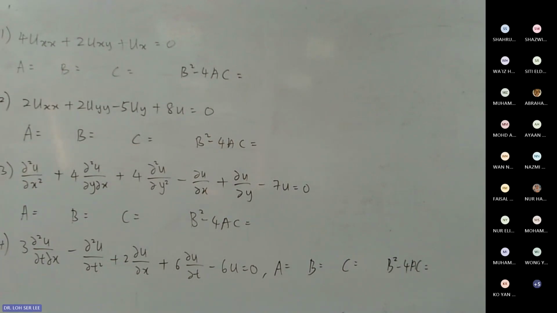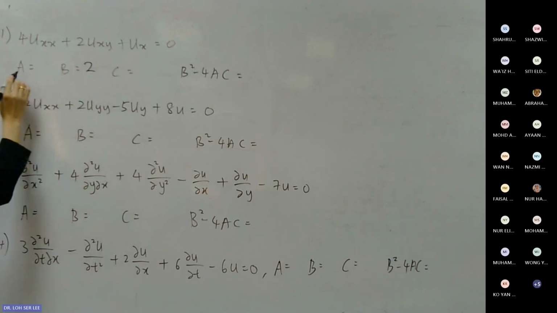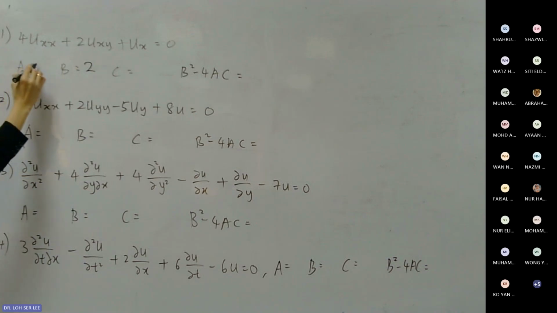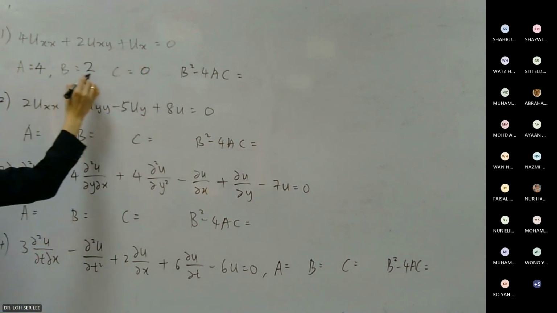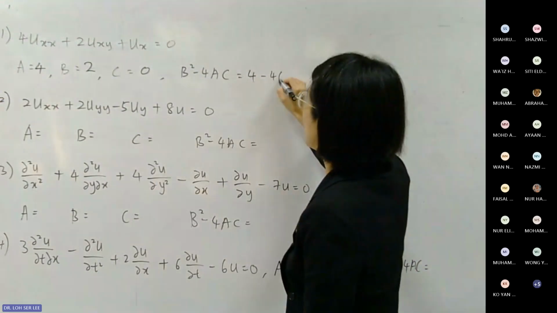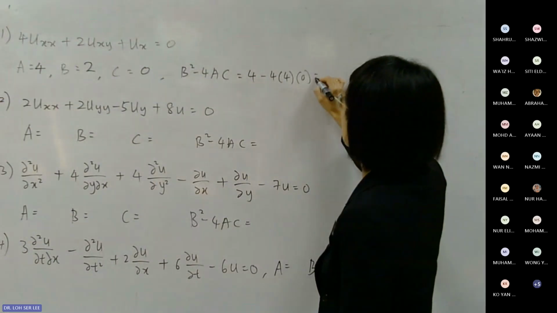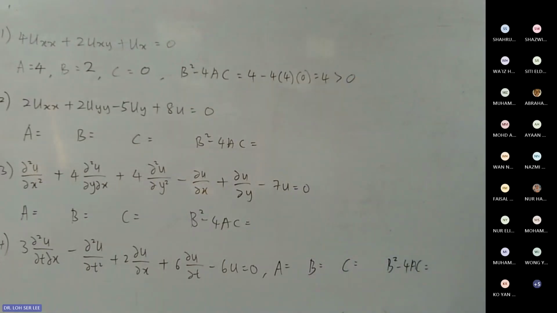Okay, number one, what is your B? 2. And your A is 4. That means your C is 0. So B squared minus 4AC means 4. So when it is greater than 0, what is it?